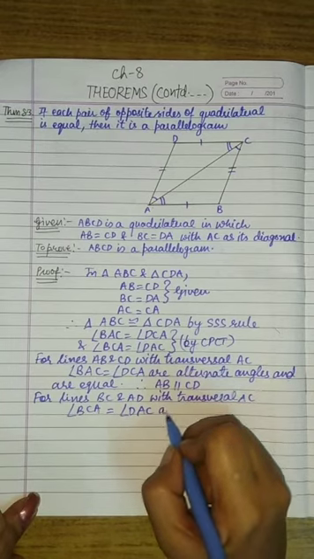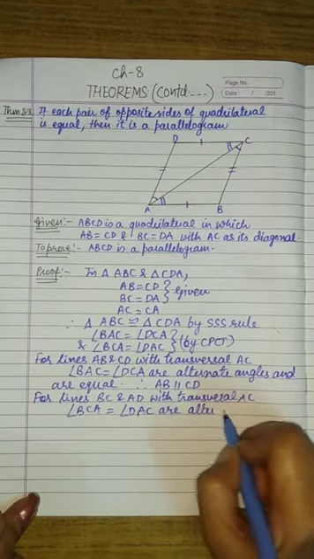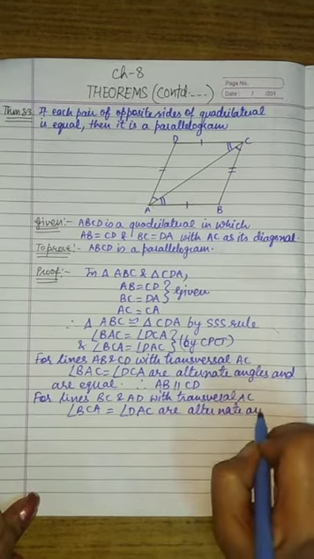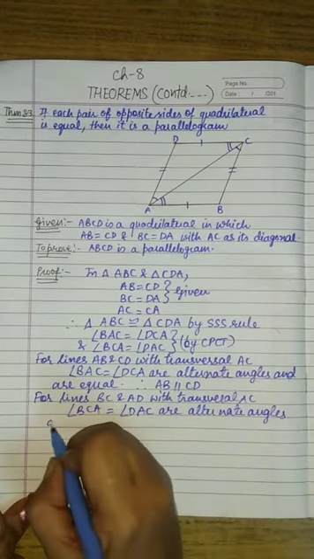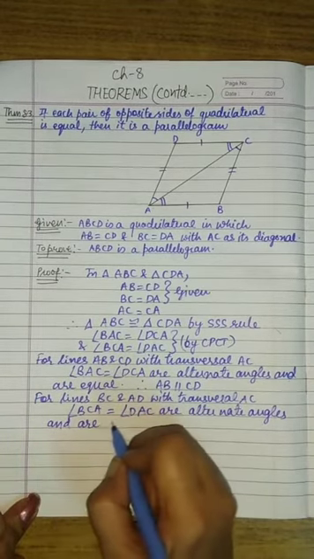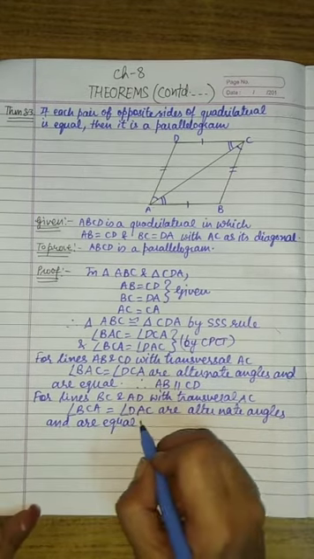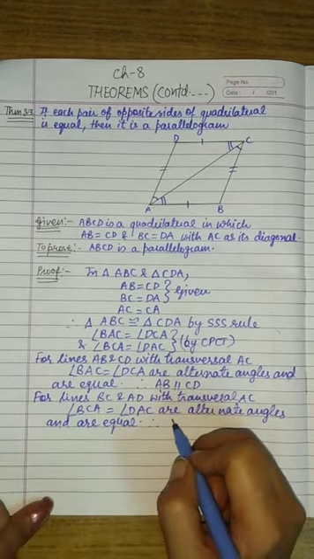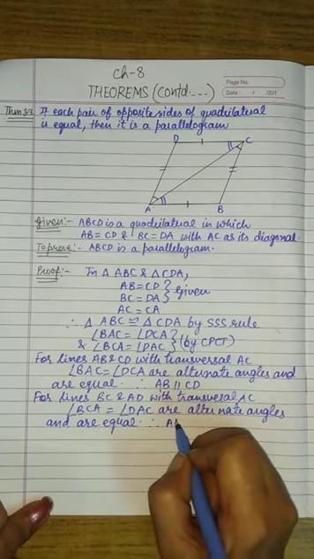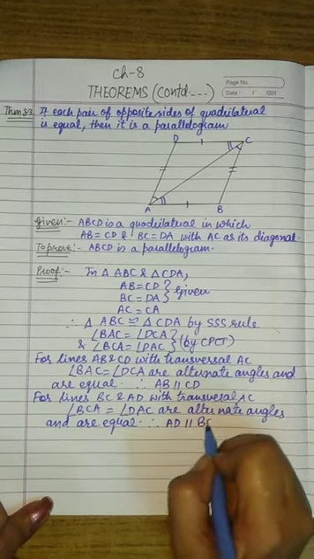They are also alternate angles and are equal as we have proved above. If alternate angles are equal, the lines are parallel. So therefore AD is parallel to BC.